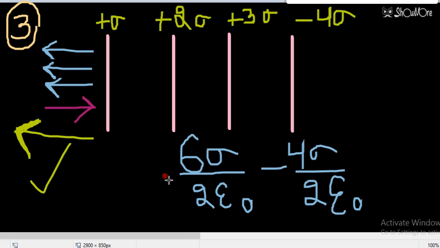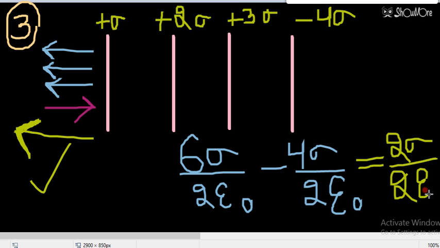So I hope it is clear. The answer will be 2 sigma by 2 epsilon naught. This is the value of electric field for reason 1. I hope you can take the screenshot of this question solution.